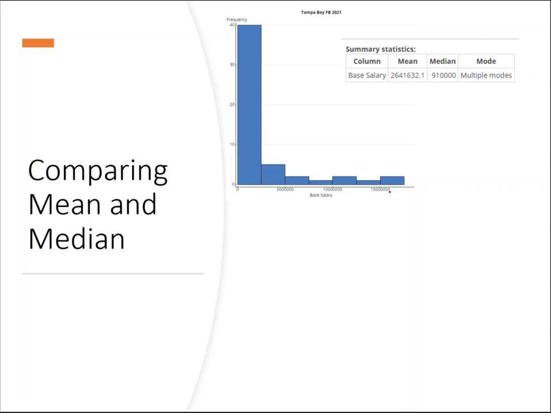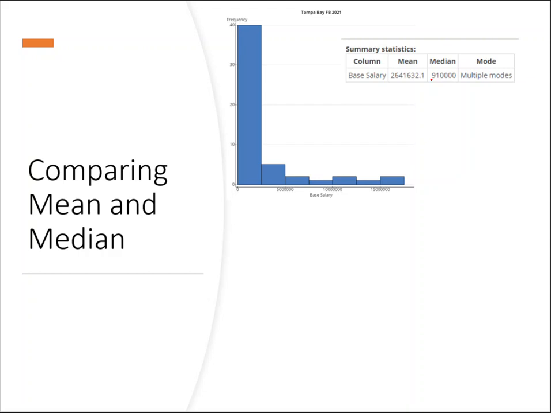Now, my mean and median for this data set were given here. Remember, we had a mean, or average, salary for this roster at 2.6 million versus the median, which was here at 0.9, so less than 1 million.